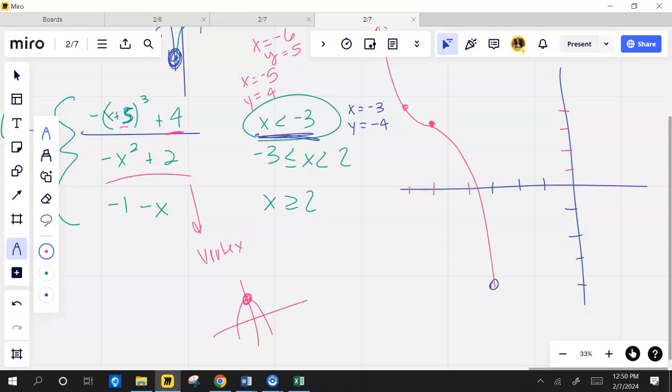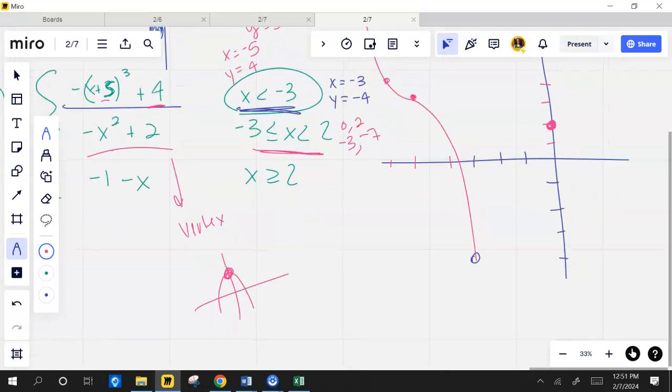This is the important point, and that's when x is 0, and 0 falls between -3 and 2. So when x is 0, what is y? 2, right? 0, 2.